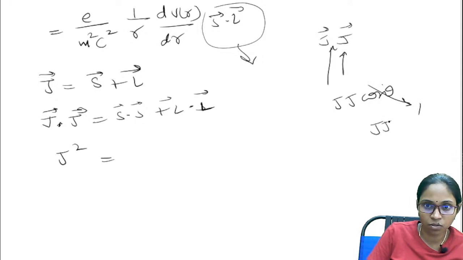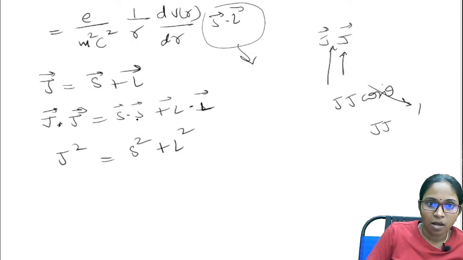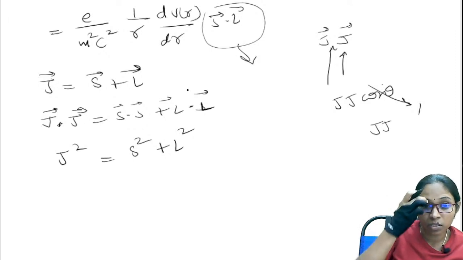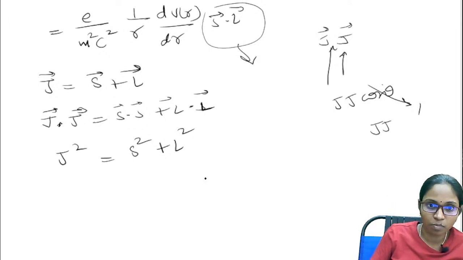You will have J into J is J square, which will be equal to S square plus L square. Here S dot S will be S into S cos theta. Both the spins are parallel to each other, and both the orbital angular momenta are parallel to each other. Therefore, we have S square plus L square. From here, you can write.